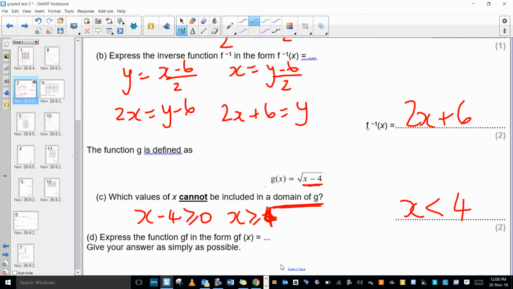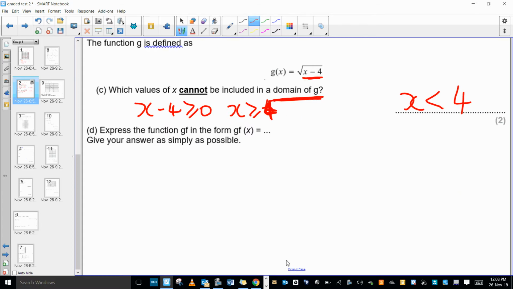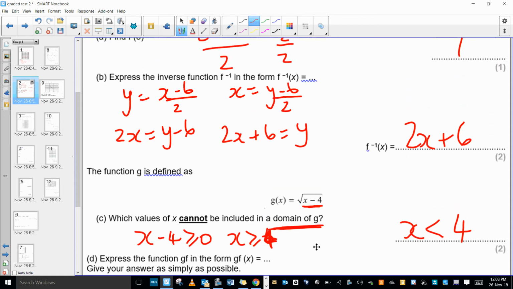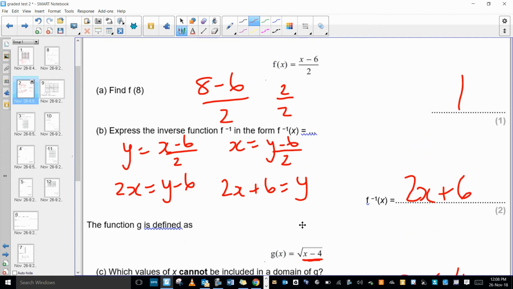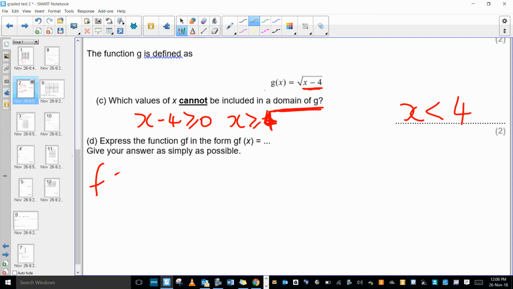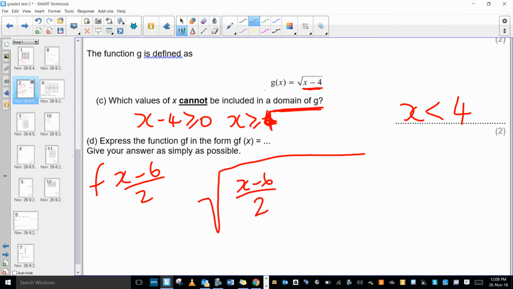Express gf(x). Alright, so we've got (x minus 6)/2. So f is going into g, so we've got the square root of (x minus 6)/2 subtract 4. Now, it does say here as simply as possible.